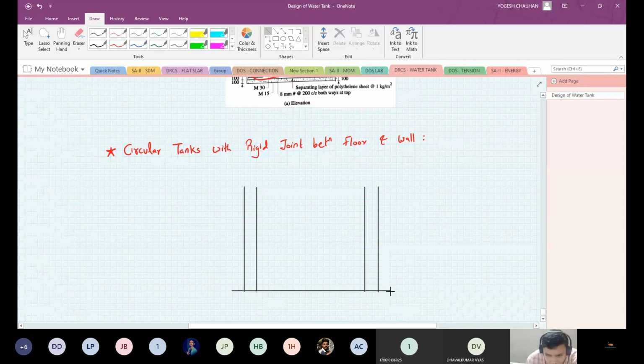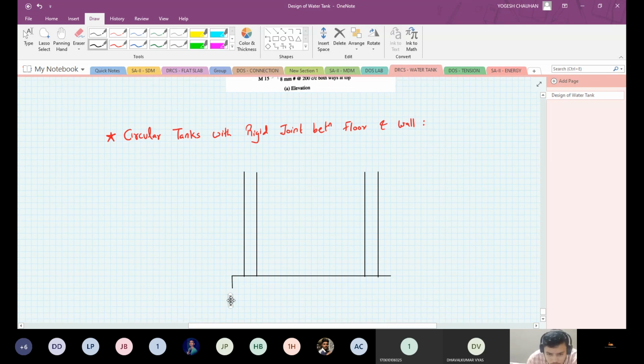Let this be the floor or base of the tank. So consider any tank section, and let this be the diameter.